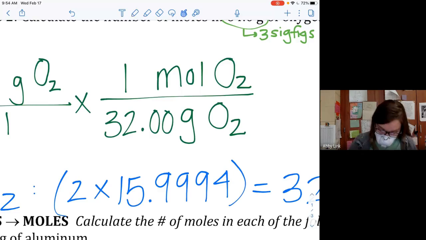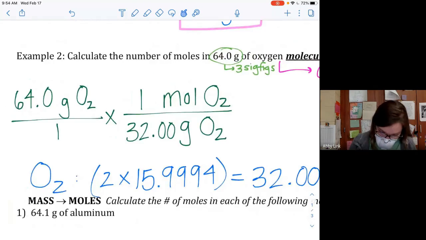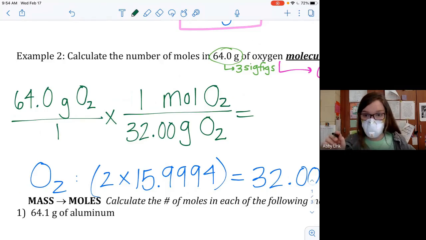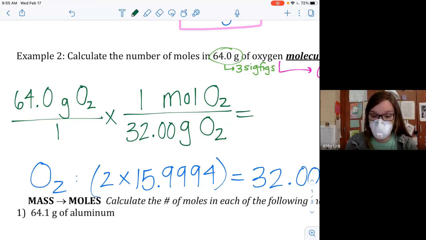We are ready to solve this problem, friends. In my calculator, I am multiplying across the top, and I am dividing by whatever's in the bottom. Because I'm multiplying across the top here, I'm just going to get 64.0. And then when I divide that by 32, I'm going to get 2 in my calculator. That does not have 3 sig figs. So how can we write that number with 3 sig figs?